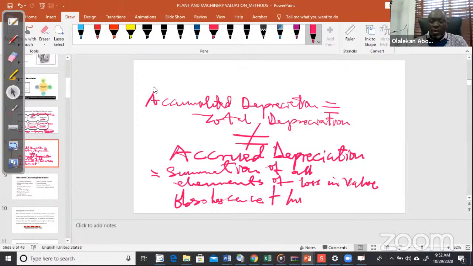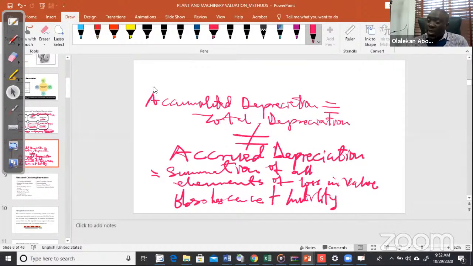You'll be seeing all those as we proceed. Then you have your depreciation. When you add all of them together, then it represents what? Accrued depreciation.